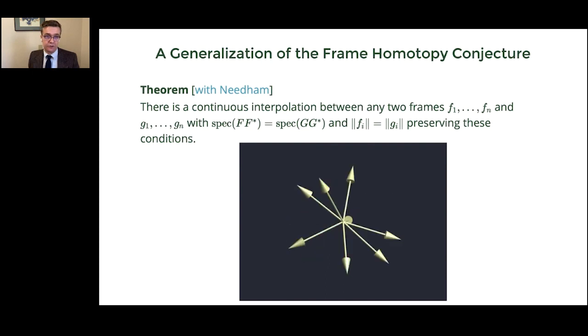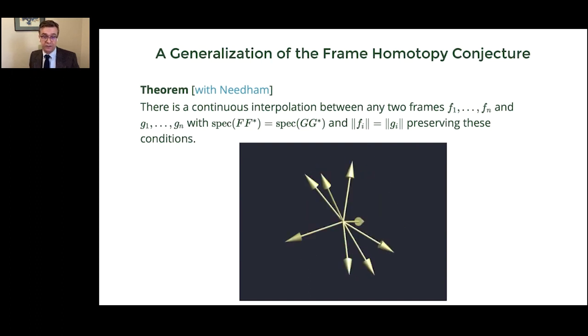So if I think about frames with specified spectra and specified norms of the columns, then the space of those things is connected. In other words, I can always continuously interpolate between any two frames with the same column norms and the same spectra of these FF star matrices.